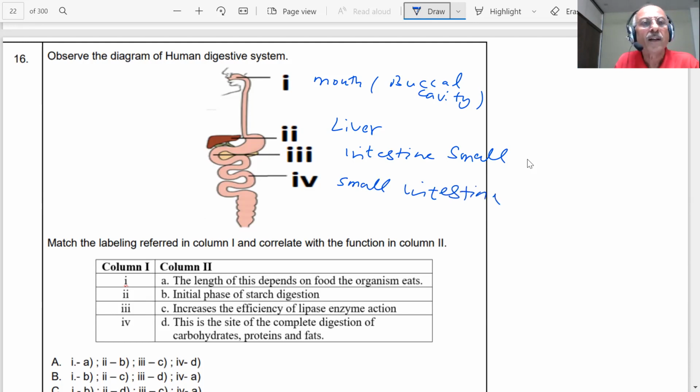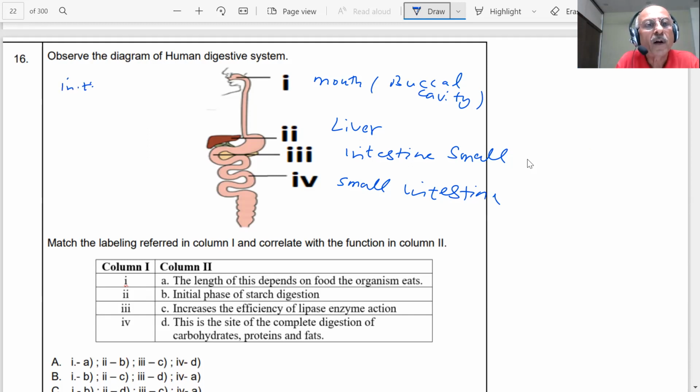You have read the NCERT. Observe the diagram of the human digestive system. First one is my buccal cavity. What is happening in one, student? When you eat starch, it is converted into simple sugars. So it is the initial phase of starch digestion.